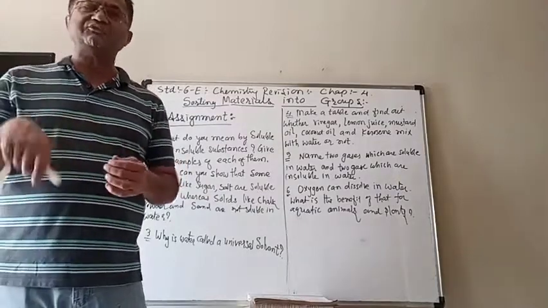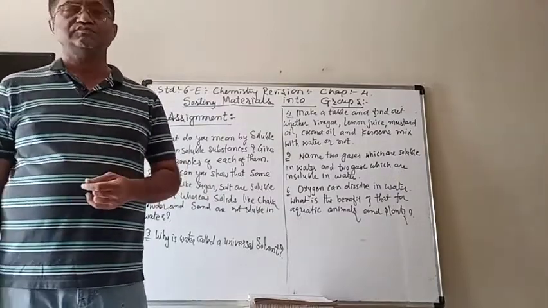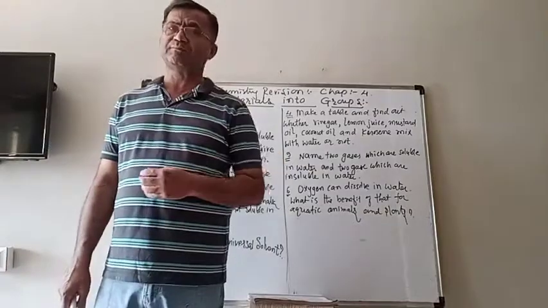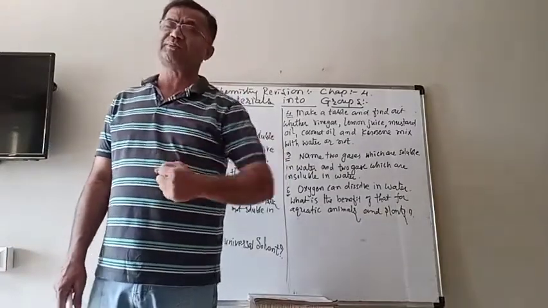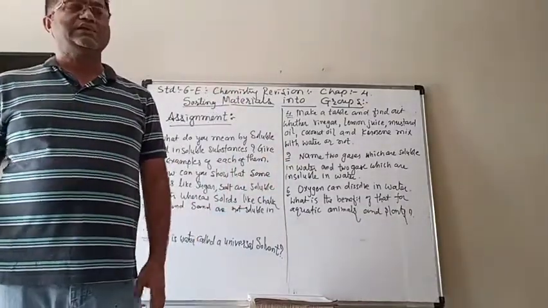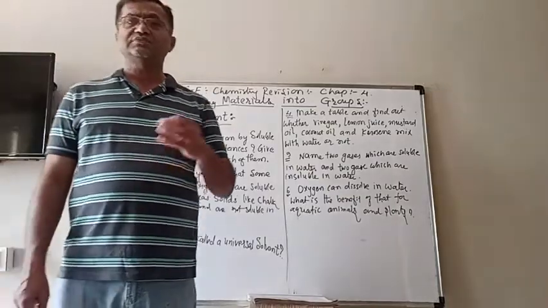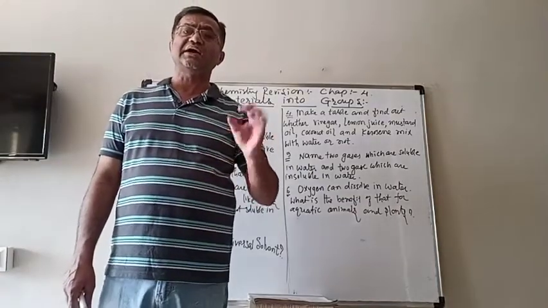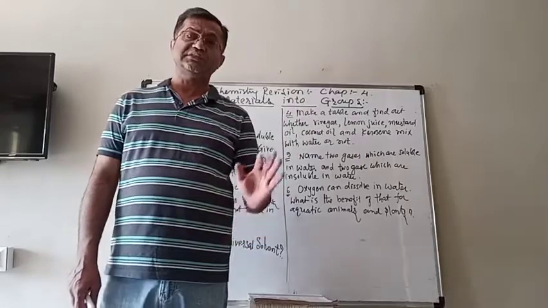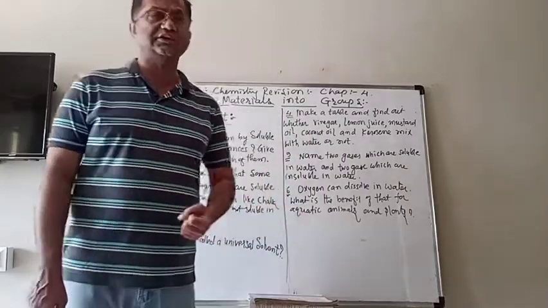And after stirring for a long time, if you can still see them, they are not disappearing, then we can say that these materials are insoluble, meaning they are not dissolving in the water.